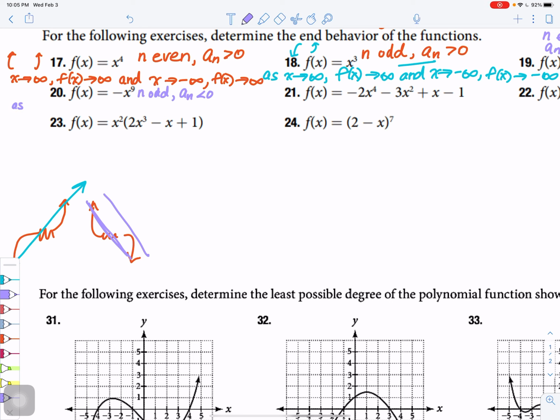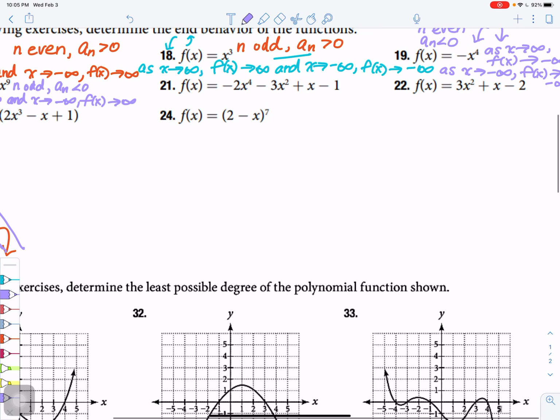And what will be is left end up, right end down. So as x approaches infinity, f of x approaches negative infinity, and as x approaches negative infinity, f of x approaches positive infinity.